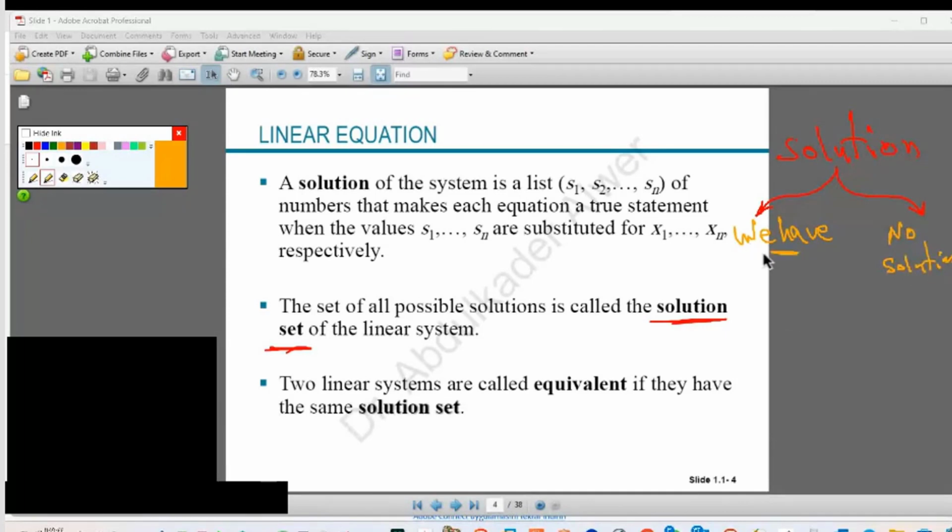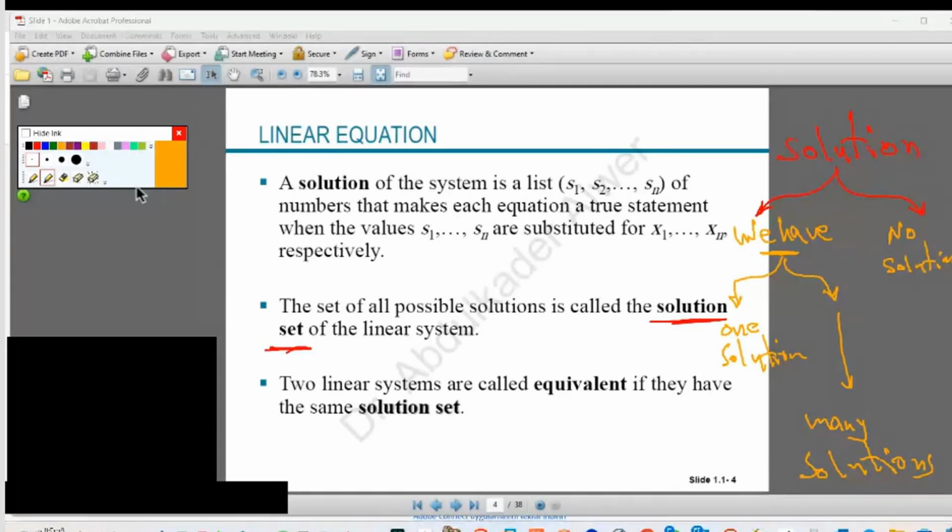If we have a solution, it is also two parts: unique, or one solution, or many solutions. Either we can say we have no solution for the system.